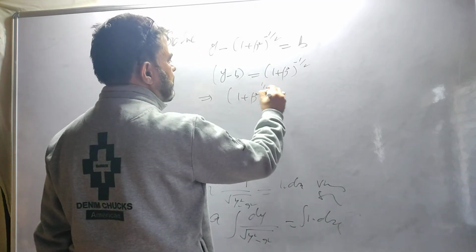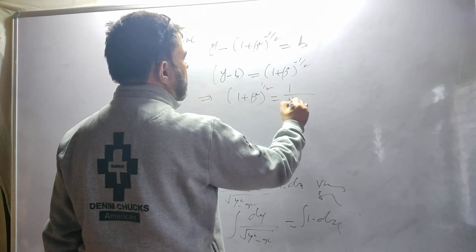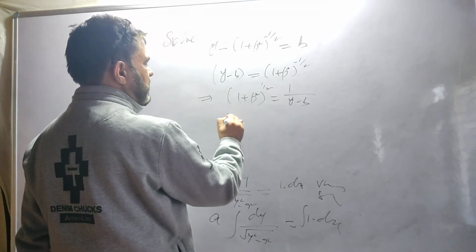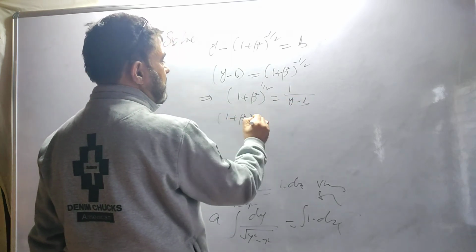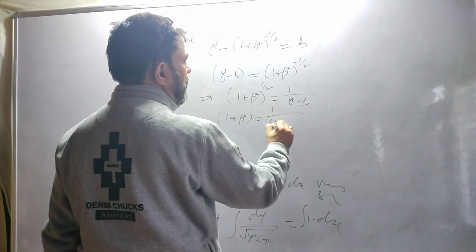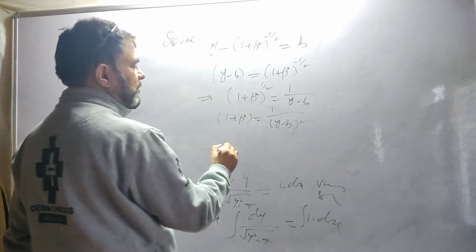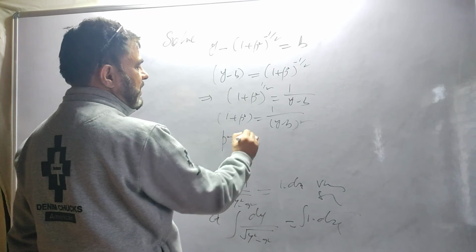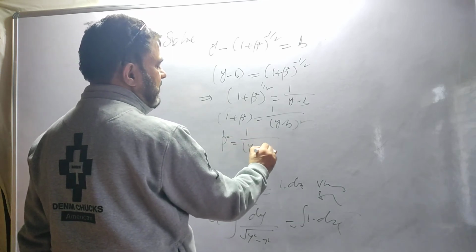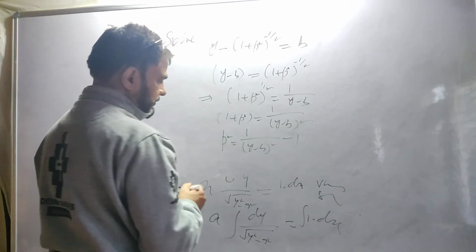Raised power 1 by 2 gives 1 by y minus b. When you square it, 1 plus p square is 1 by y minus b square. This gives you p square is 1 by y minus b whole square minus 1.